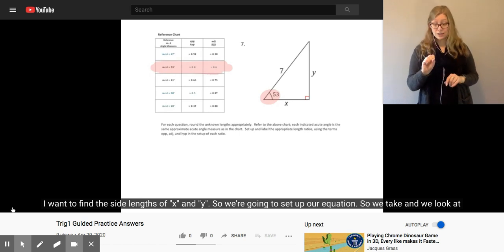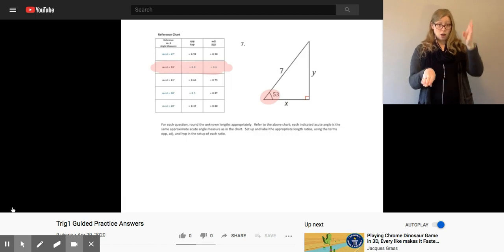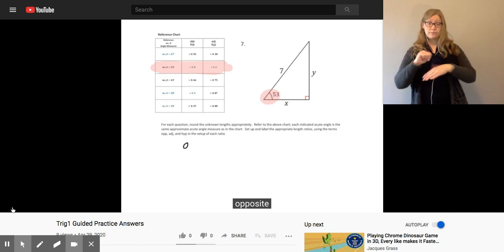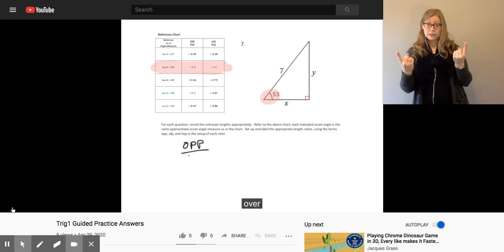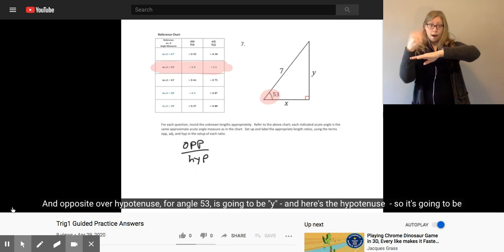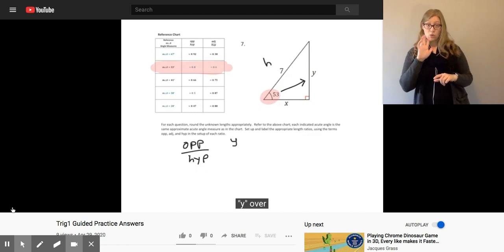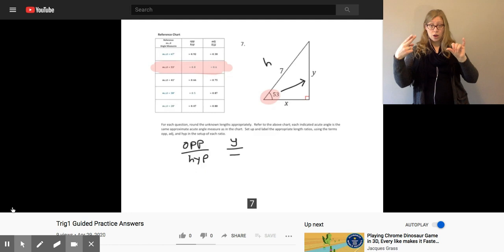So we're going to set up our equation. For angle 53, I'm going to make the ratio of opposite over hypotenuse. Opposite over hypotenuse for angle 53 is y over 7.